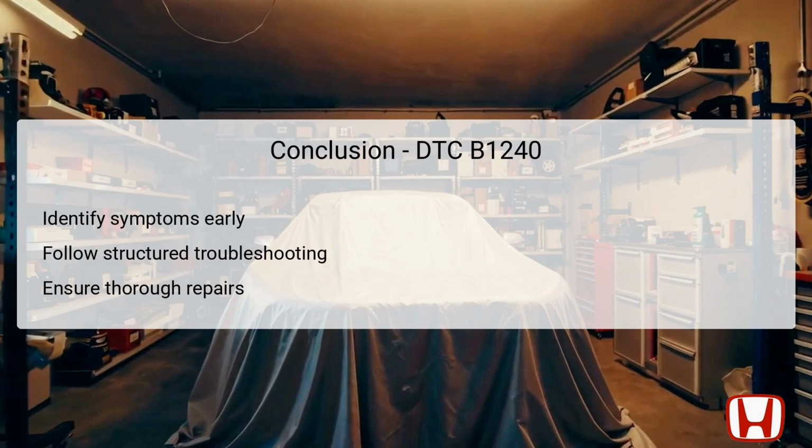Adhering to a structured troubleshooting approach ensures that technicians can accurately pinpoint and resolve issues by checking for continuity, inspecting wiring, and testing components methodically. It is also essential to ensure that replacements or repairs are performed thoroughly to prevent recurrence of the issue. This focused maintenance strategy not only leads to successful repairs, but also enhances overall customer satisfaction and their experience with their vehicle.